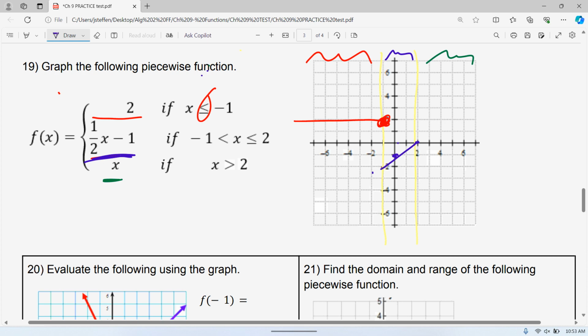And one of them's open, this one, and this one's filled in. And last but not least, your y-intercept would be 0, and then you go up 1 over 1. So normally it would be like this, but again, you can't do anything in between those 2 yellow lines. So that means it just goes from here, and it's an open circle.